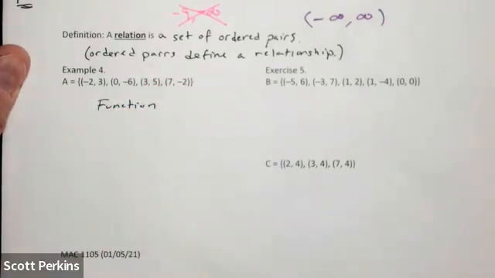So I'm going to give you about 20, 25 seconds for exercise 5. Determine if relation B and relation C is or is not a function.